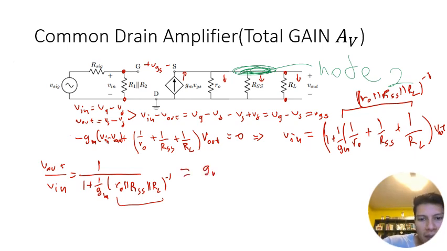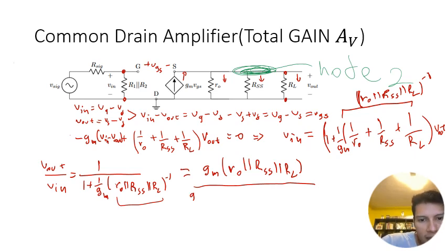So I'm going to get gm times (ro in parallel to Rss in parallel to RL) over gm times (ro in parallel to Rss in parallel to RL) plus 1.